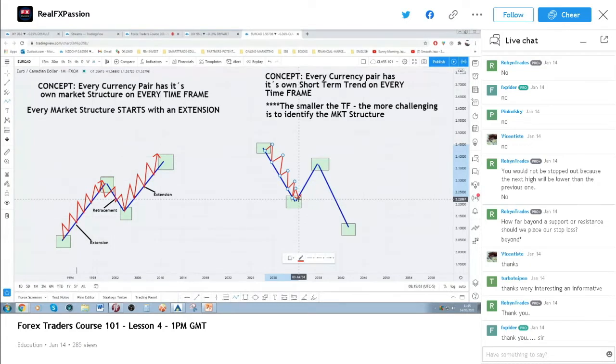It's a must. We clarified this yesterday. This is one of the few certainties in the market. The market, in order to wave, must make extension, retracement, extension, retracement. How big or shallow the extension, how deep or shallow the retracement, this is another story. But the market, in order to wave, must retrace.